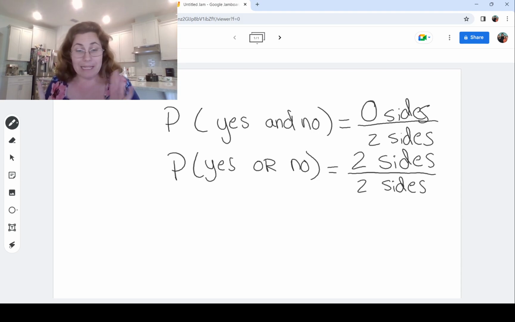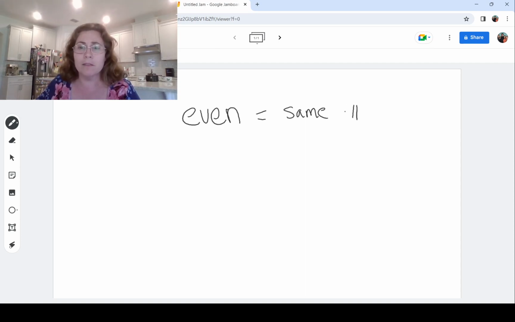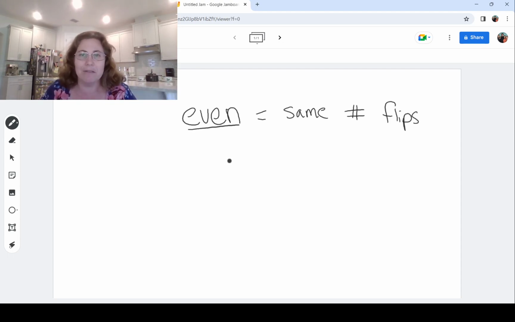So now let's talk about the experiment itself. When you're working with your students, if you have an even number of students, you're going to want to make sure each person does the same number of coin flips, okay? This will make it easy because if you are using an even number, let's say I have 8, well, sometimes 9 students.